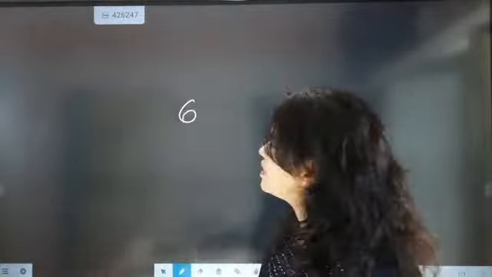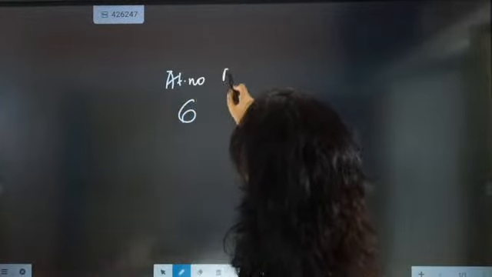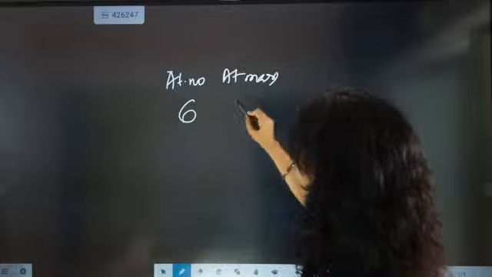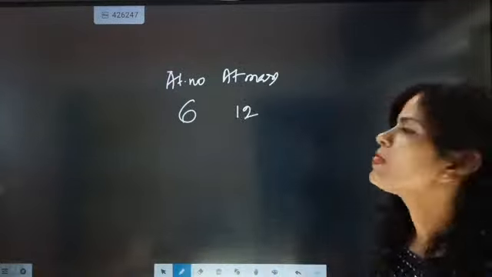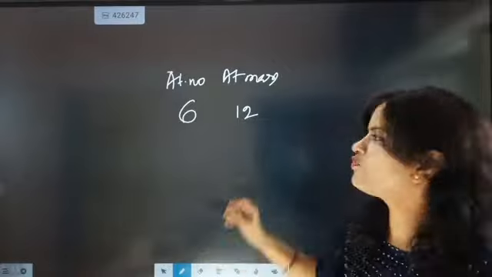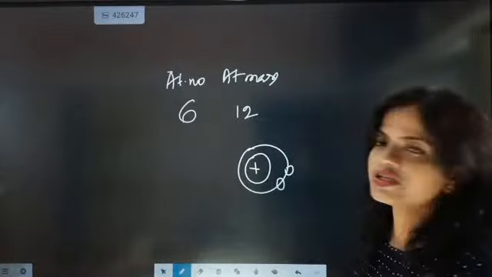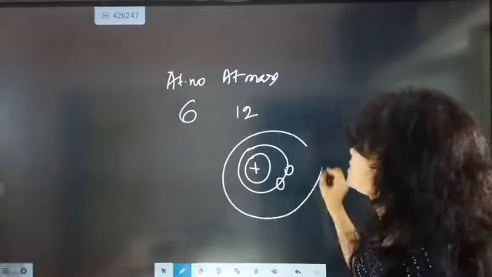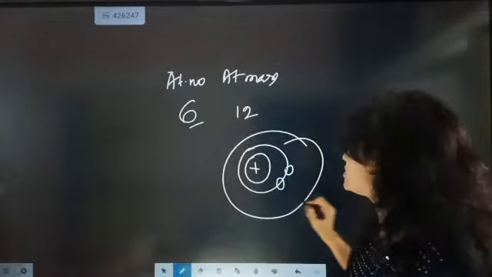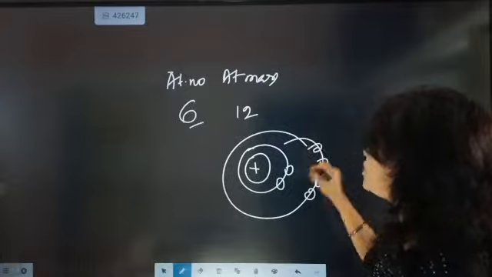Carbon: atomic number is 6, and atomic mass is going to be 12. Now, the first orbit has how many electrons? We know the first orbit has 2 electrons, fixed. In the second orbit, how many electrons are left after 6? 1, 2, 3, 4 electrons.